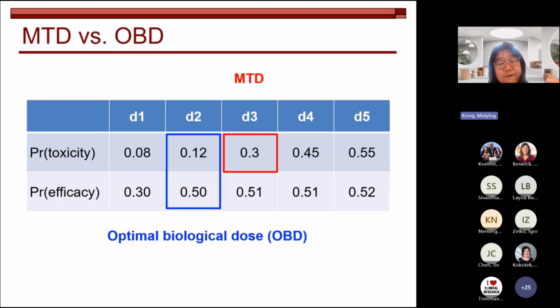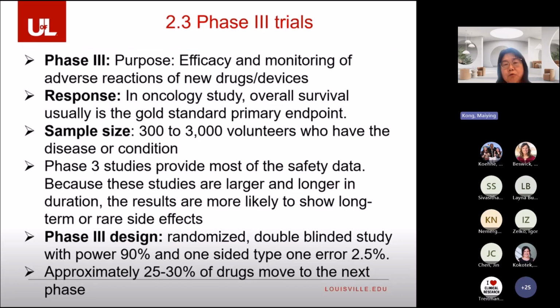So phase 2 is used to find the optimal dose, which is for phase 3 trials. Phase 3's purpose is to evaluate efficacy and monitor adverse reactions of a new drug or device. In oncology studies, overall survival is the gold standard primary endpoint.